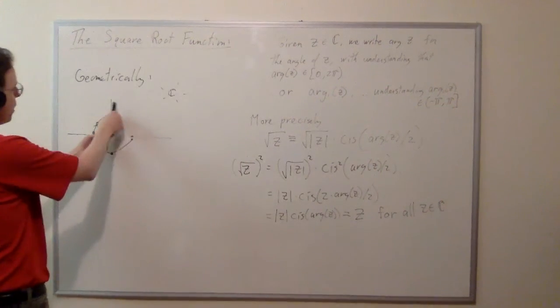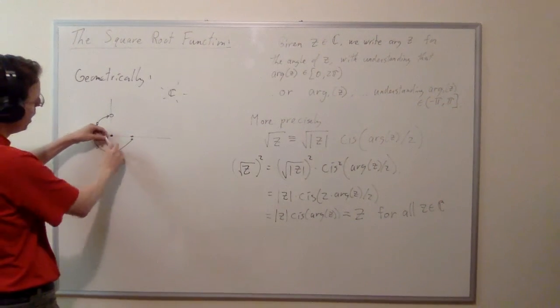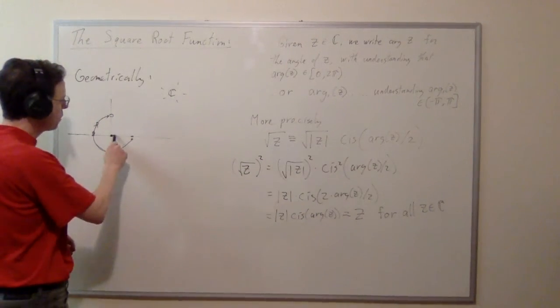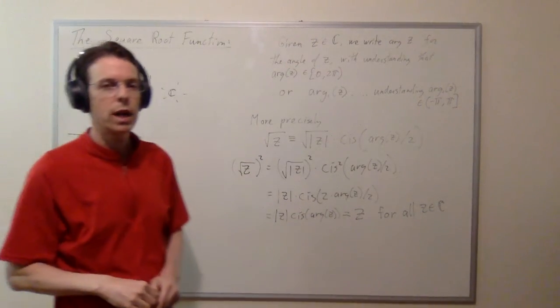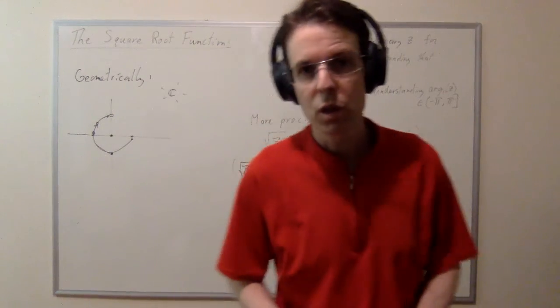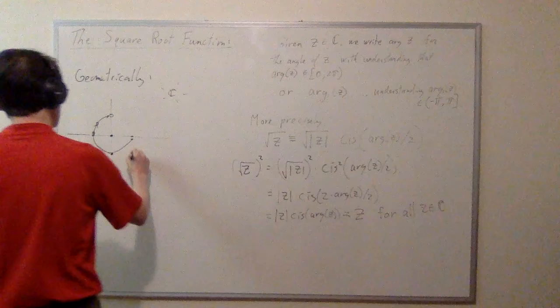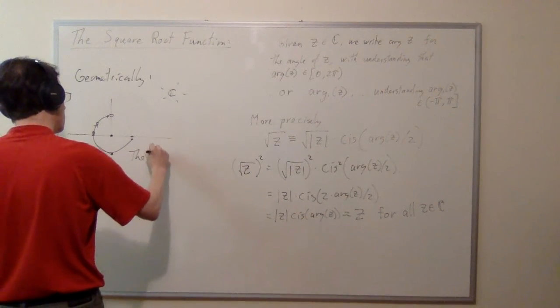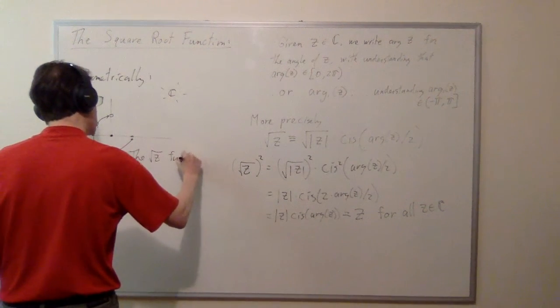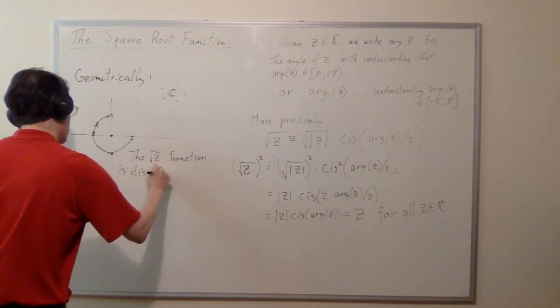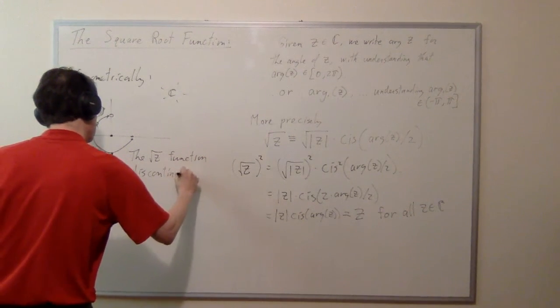It starts at 0 and then pi over 2 and then pi and then 3/2 pi and then almost 2 pi and then whoops, back to 0. So the argument function is discontinuous on the positive real axis. And so therefore the square root function is also discontinuous along this positive real axis. So the square root function is discontinuous exactly where the argument function is discontinuous.